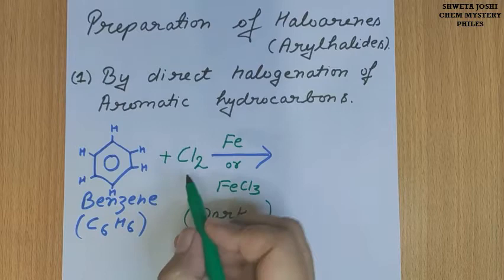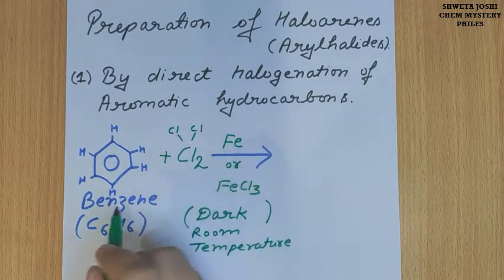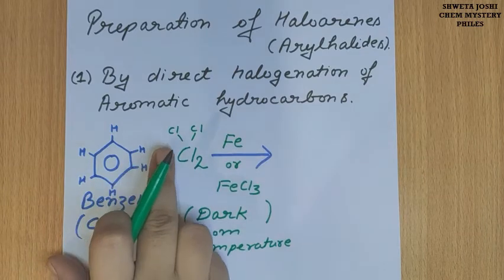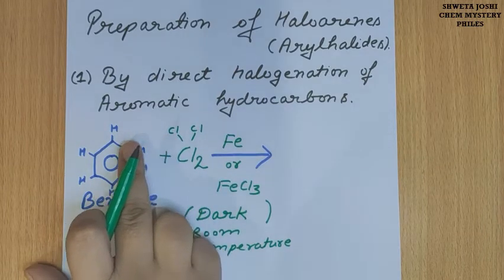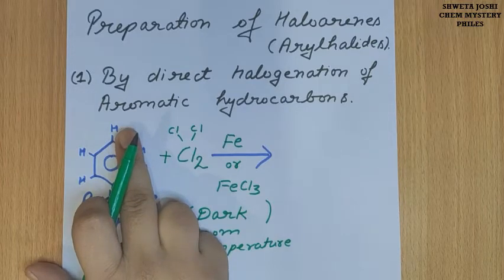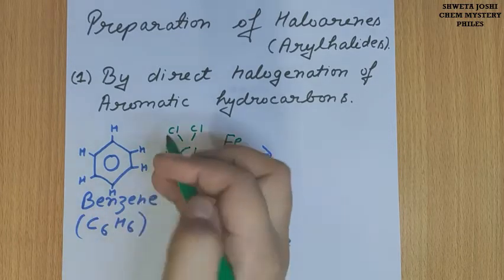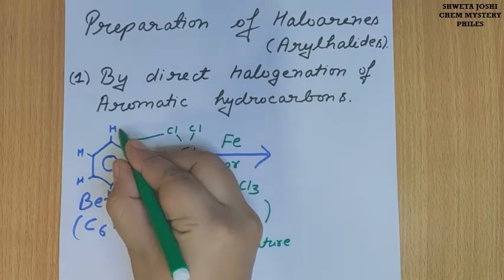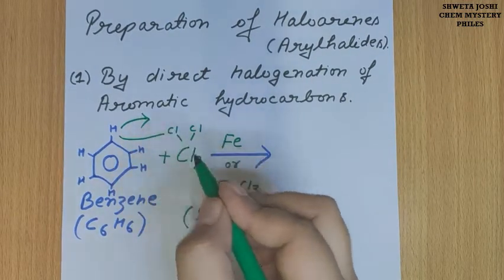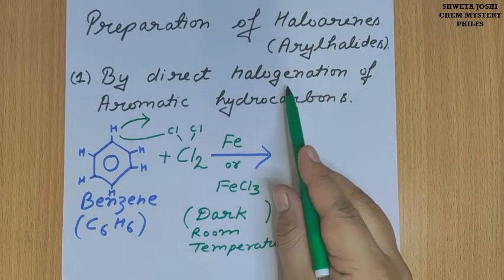There are 2 Cl atoms in this chlorine molecule. 1 Cl atom will substitute this hydrogen atom of the aromatic ring, and the removed hydrogen will combine with the second Cl atom forming HCl. So in this reaction, substitution takes place with the help of halogen. That is why the reaction is halogenation.